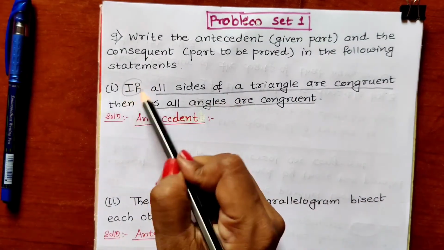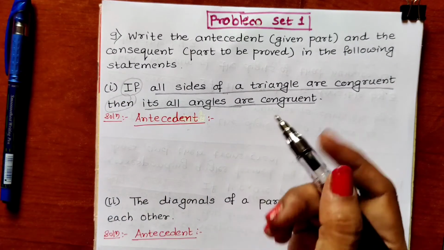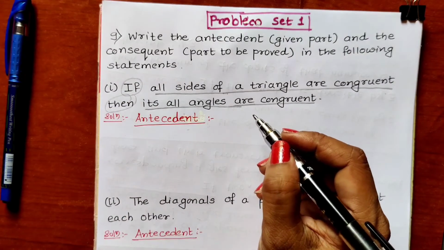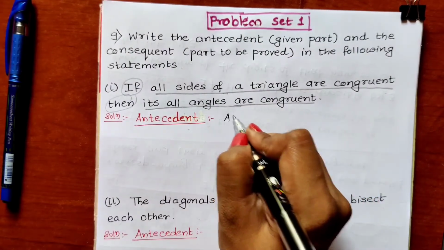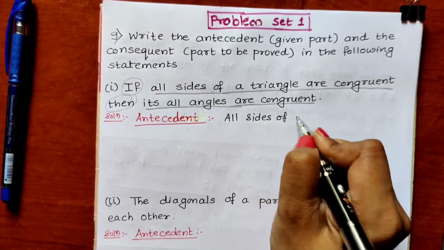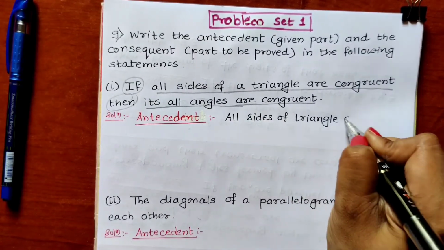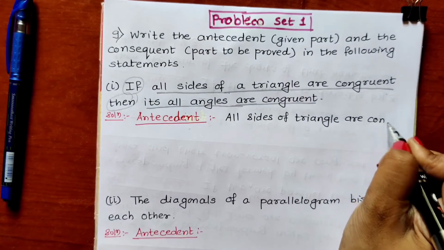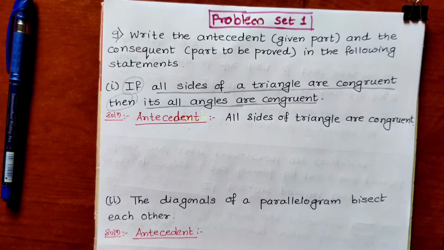We should not write if and then while writing antecedent and consequent. So in antecedent, both should be written: all sides of triangle are congruent. Okay, this is antecedent.